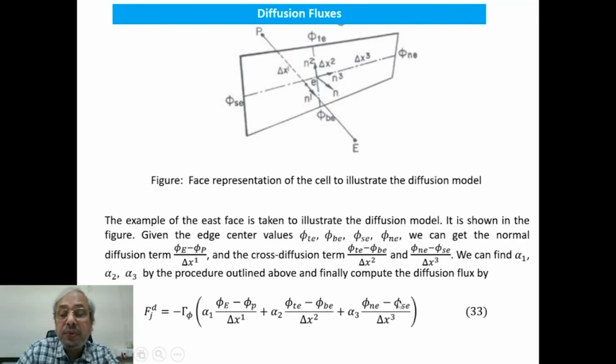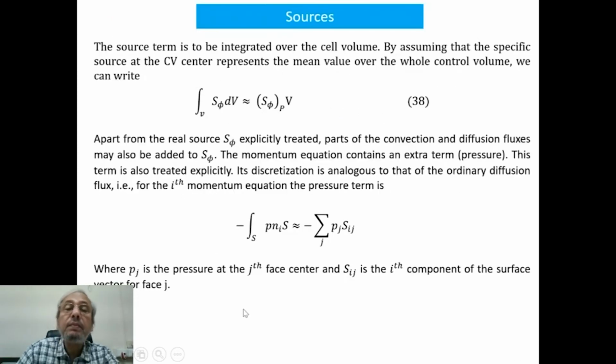so that we can find out from equation 33 the cross diffusion, and normal diffusion will be given by phi E minus phi P by delta x1. Having done that, we can go for all other cell faces and calculate the complete diffusion from the cell of interest P. Then we consider source term.